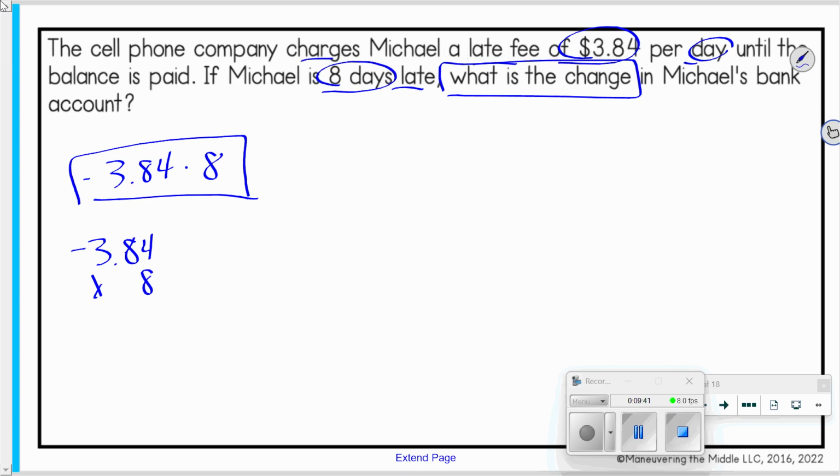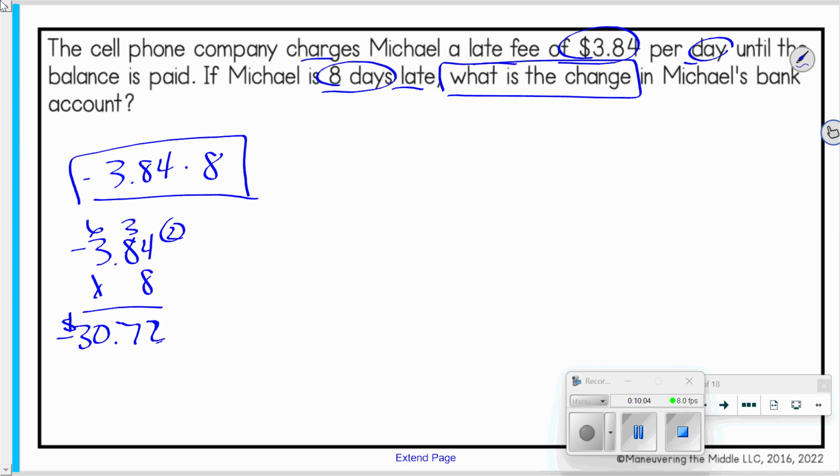Oh, yeah. Okay, so now I just do the math. I've got 2 decimal places. That gives me 32, 64, carry the 6, 24, 30, put in my 2 decimal places, and compare my signs. Negative times a positive means it's a negative. Yes?